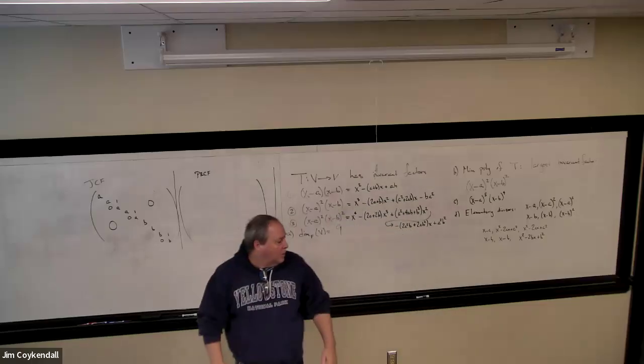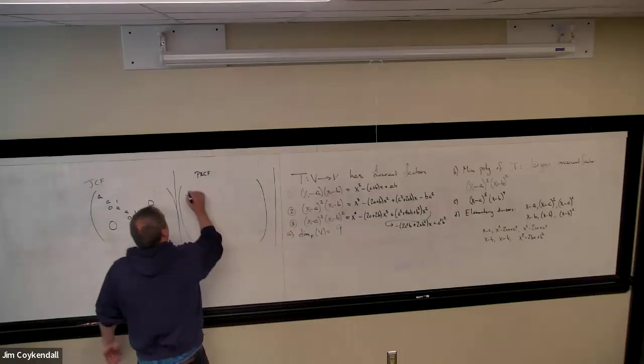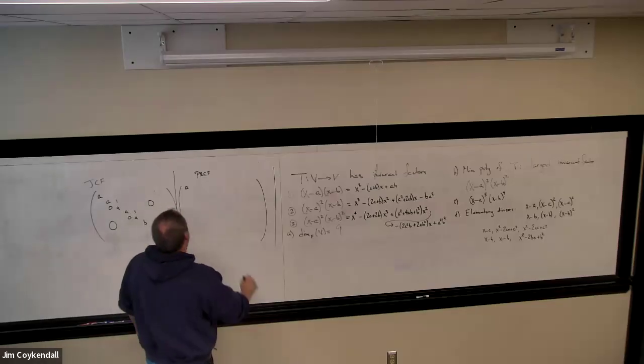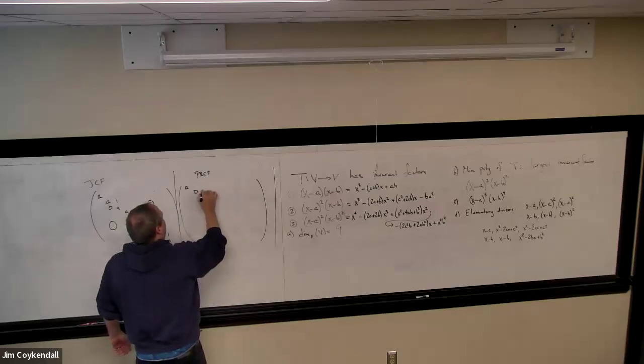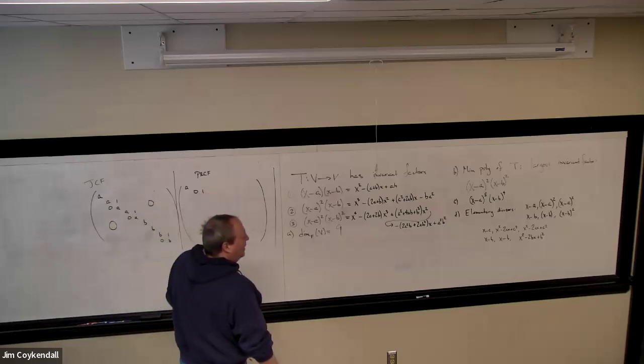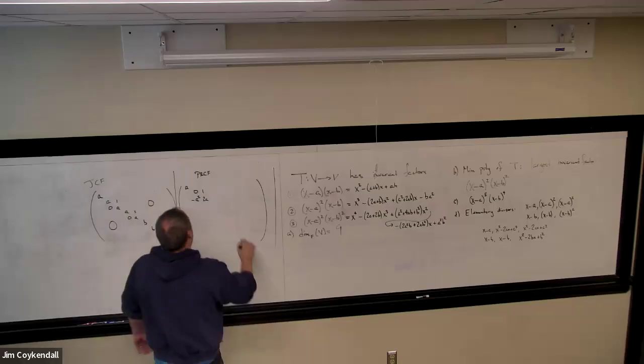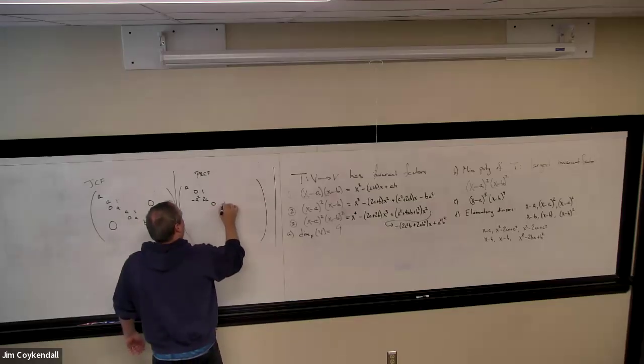So I'm going to go in order again. So again, I just get an A block for the first one. And then I get a block that looks like this, 0, 1, and then minus A squared, plus 2A. And then I get another block that looks exactly like that, 0, 1, minus A squared, 2A.